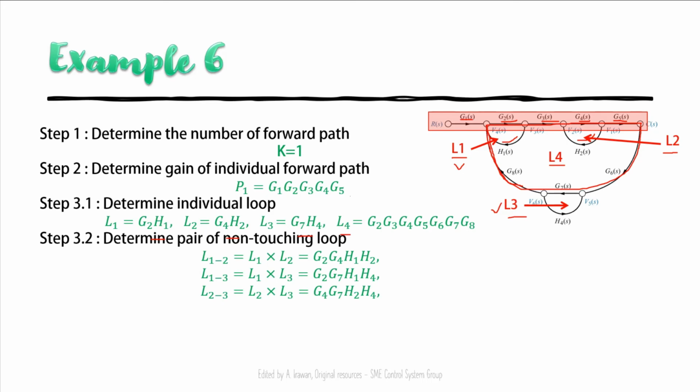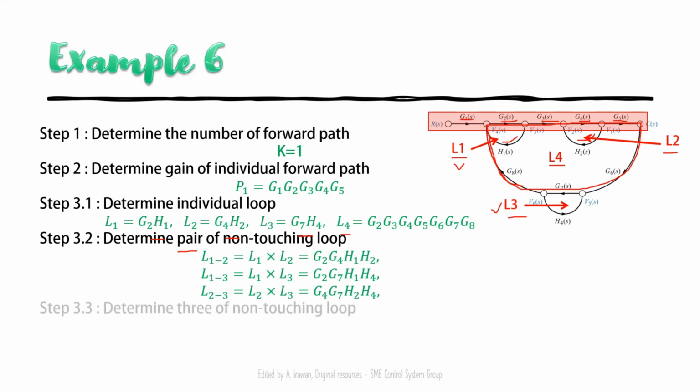And then loop 2 and loop 3 are not touching. How about loop 4? Loop 4 touches all the loops, because they share some of the path, like G7, G2, G4. They share the path, they share the nodes.